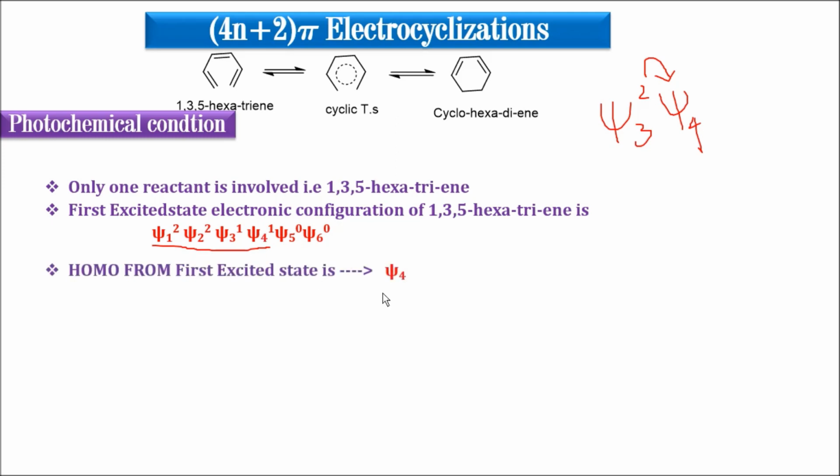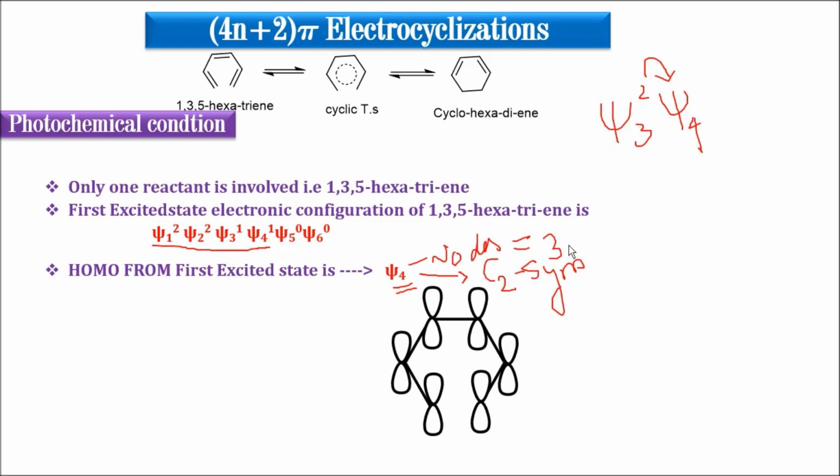Now Psi4, what is its symmetry? Psi4 has C2 symmetry, because it is an even-numbered molecular orbital. So it has C2 symmetry, and the number of nodes is n minus 1, which is 4 minus 1, equal to 3. You know that when an odd number of nodes is present, one node should come at the middle of the orbital.